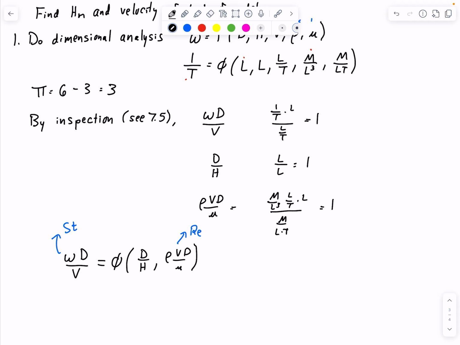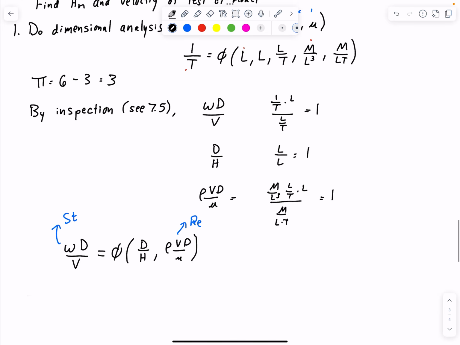Okay, now the second step is to say that if we want to keep similarity between our model and our prototype, then both of these groups here need to be similar.